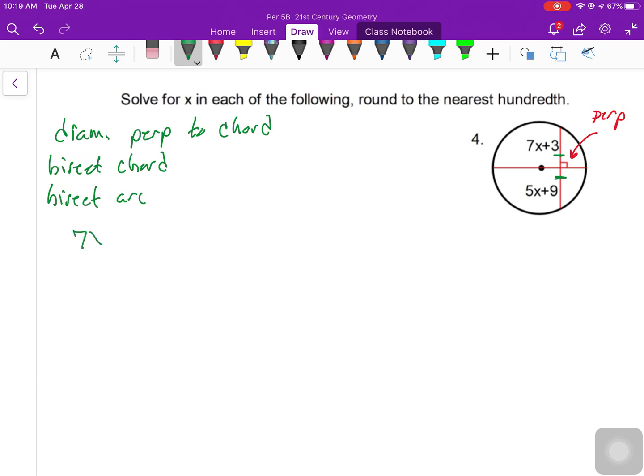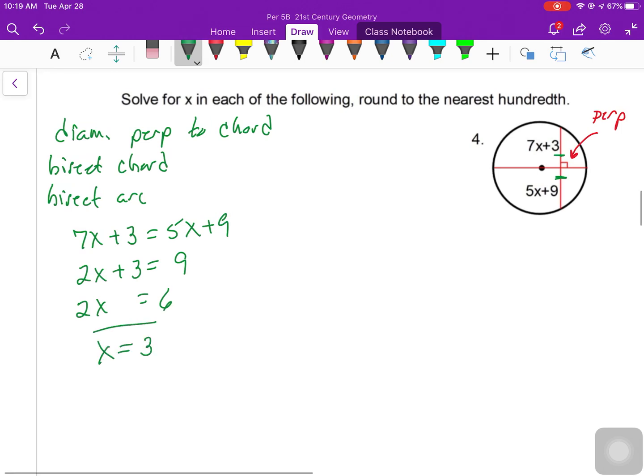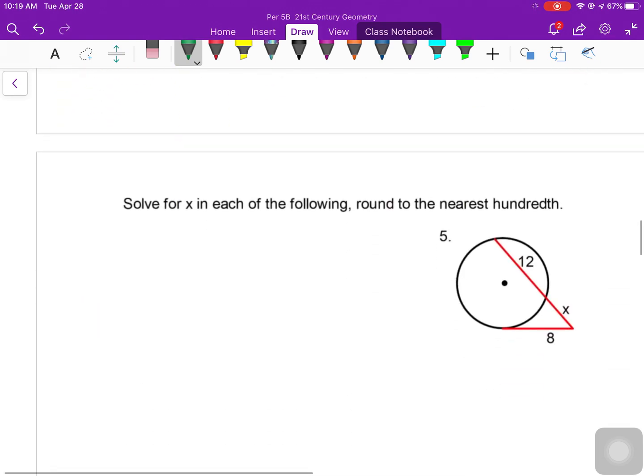That means that these two pieces are going to be congruent. So we'll set the 7x plus 3 equal to the 5x plus 9. And again, it's just algebra. Subtracting 5x, subtracting 3, we end up ultimately with x equals 3.